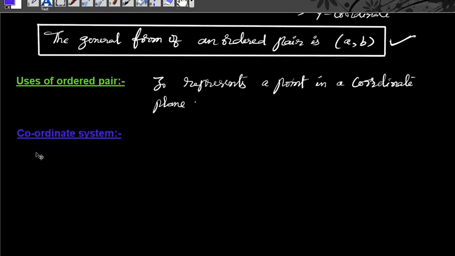Now, discussing the coordinate system. What is the coordinate system? How is it formed? The coordinate system is formed by taking any two perpendicular lines in a plane. Suppose I consider the two perpendicular lines here.